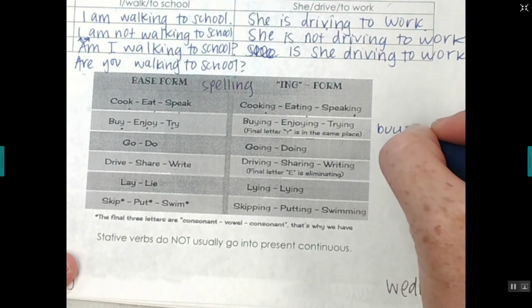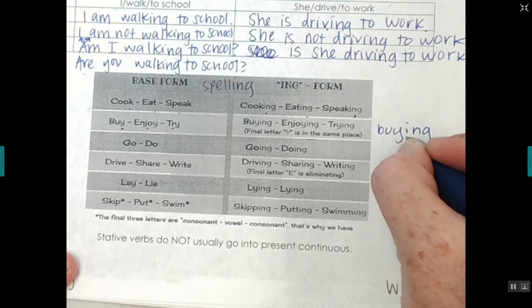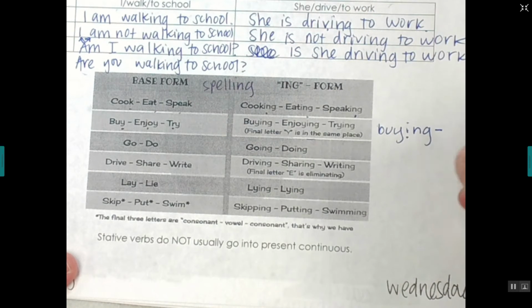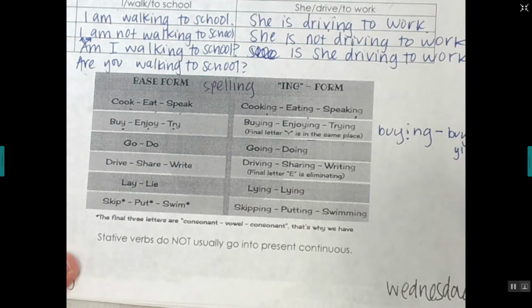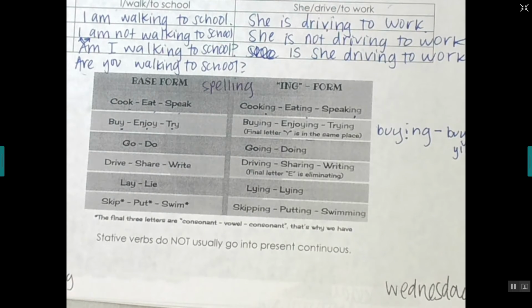So when you're writing it, you just write one y, but you say it with like a double y.